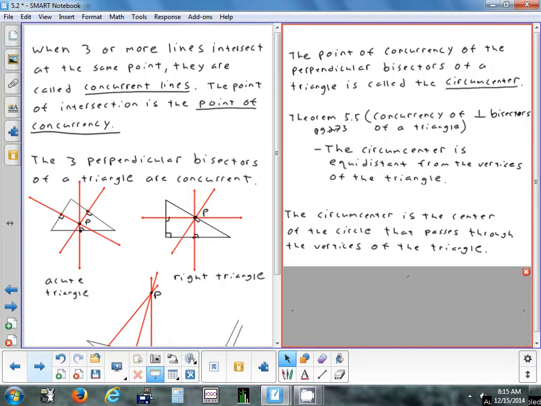And another special property is that the circumcenter is the center of a circle that would pass through the vertices of the triangle. Let me show you what I mean. Let's draw a circle with the circumcenter as the center of the circle, and watch what happens.